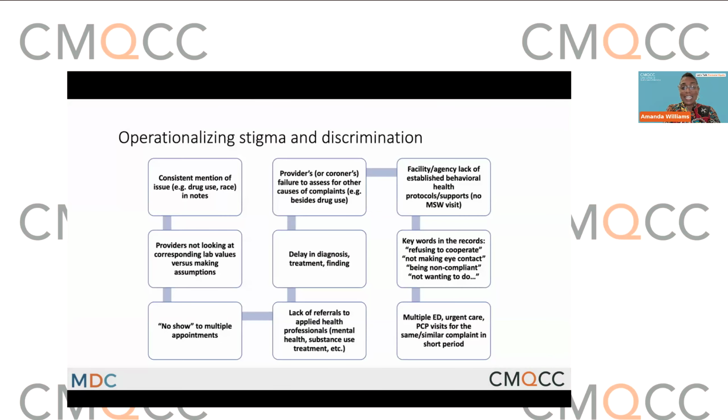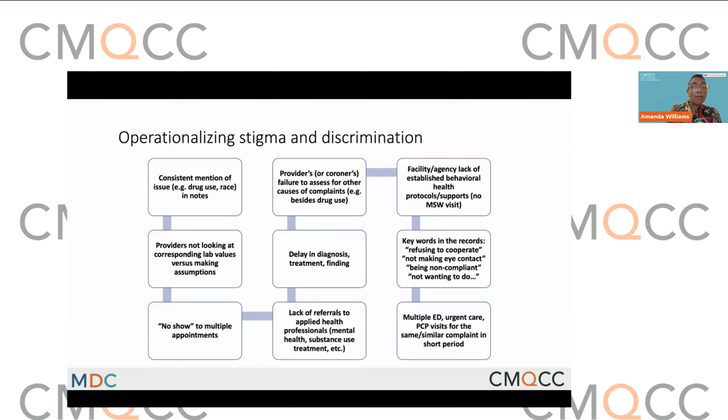So I appreciate my colleague, Christine Morton, who shared this image of some of the ways that we see stigma and discrimination show up. We think about, when is drug use mentioned in the HPI in somebody's note? When do they talk about race?